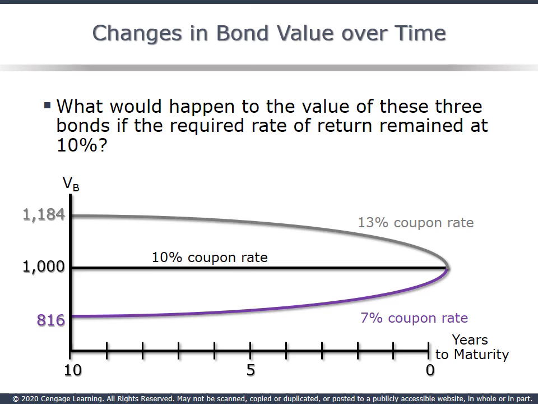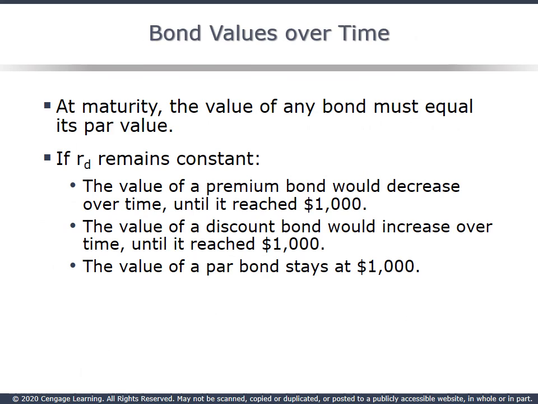If we hold the yield to maturity constant, then the price gets closer and closer to par value. So at maturity, the value of any bond must equal its par value.